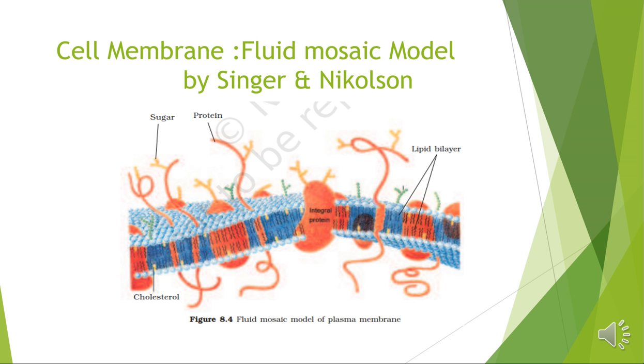Phospholipid molecules are amphipathic, meaning they have both hydrophilic and hydrophobic regions. They have polar hydrophilic heads directed outward and non-polar hydrophobic tails pointing inwards. This arrangement forms a water-resistant barrier which allows only liquid materials to pass through it.